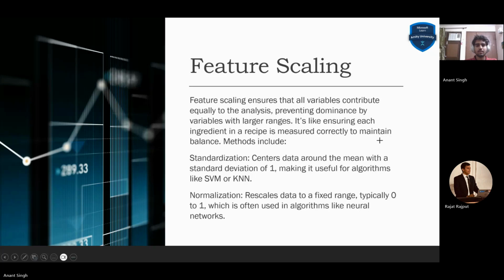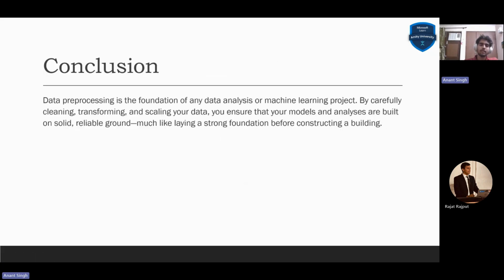So, conclusion: pre-processing is the foundation of any data analysis or machine learning project. By carefully cleaning, transforming, and scaling your data, you ensure that your models and analysis are built on solid, reliable ground, much like laying a strong foundation before constructing a building. Why did we learn all of this? We wanted to know what kind of data can be used to train our actual models.